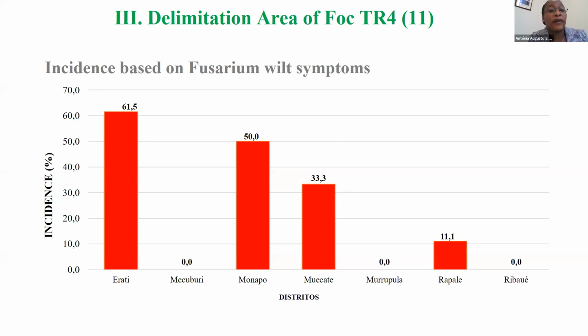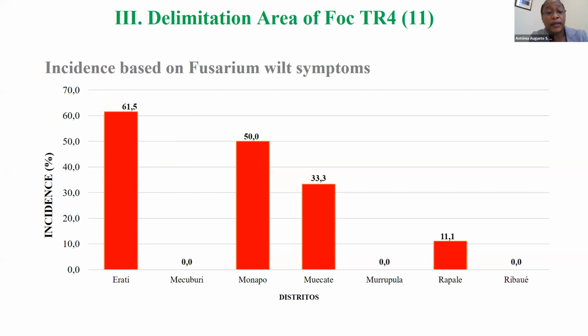The graphic also shows the Erati district and the Monapo district are areas that we need to pay more attention to, because they are the most infected by the disease.